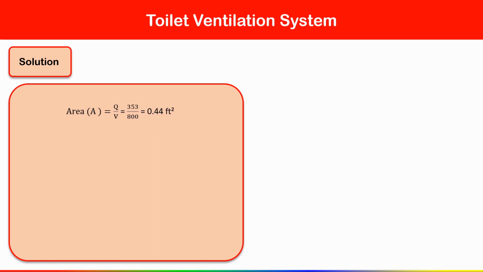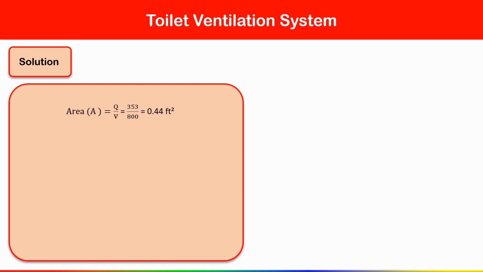Now see, we have calculated area for exhaust. Suppose I want to find the exhaust air duct size. First of all we need the area. To calculate the area we have a formula Q upon V, and exhaust air CFM we have calculated 353, divided by V, velocity 800 I have taken here.